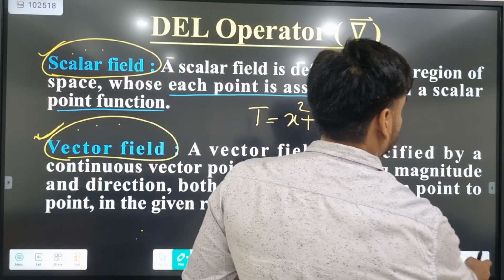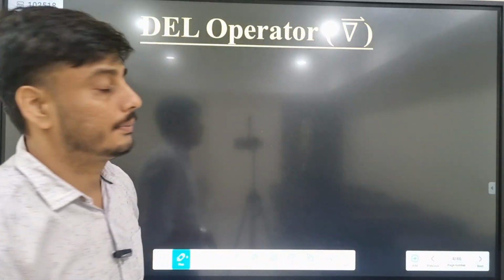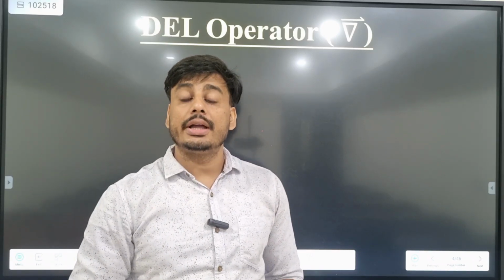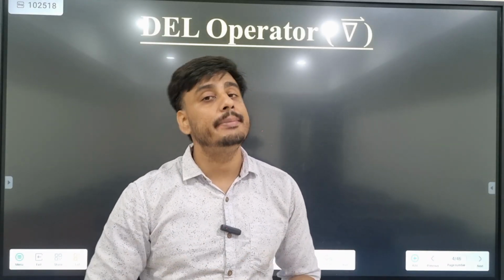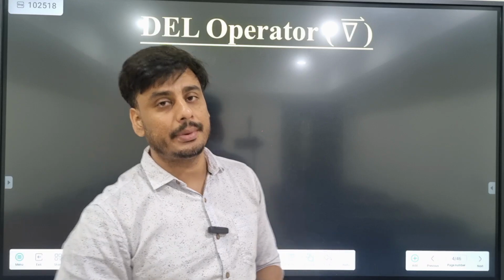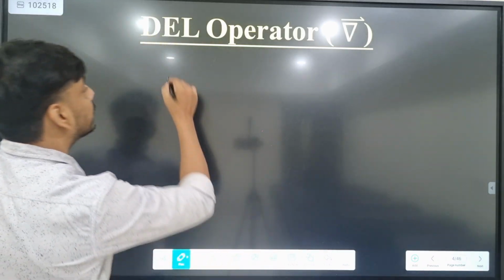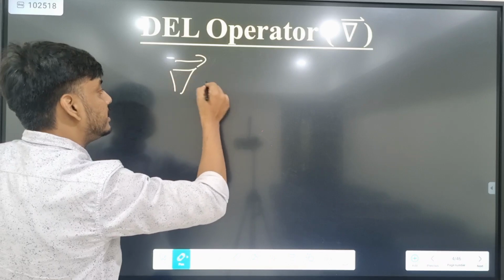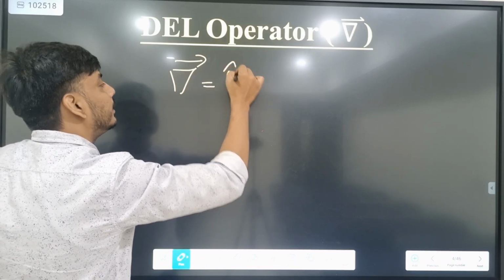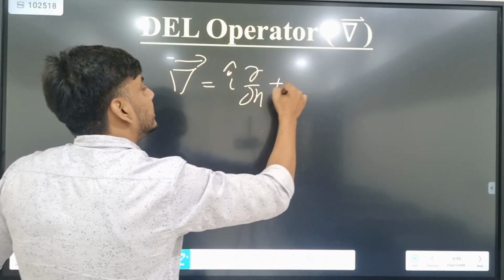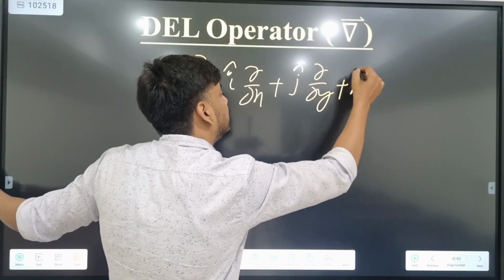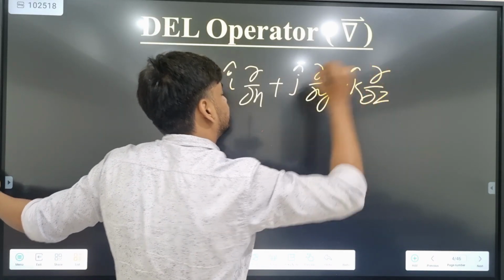So now we are going to discuss the del operator. So what is a del operator? The del operator is nothing but a partial derivative operator. Since it is a vector quantity, we give a vector sign: del equals i cap del by del x, plus j cap del by del y, plus k cap del by del z.